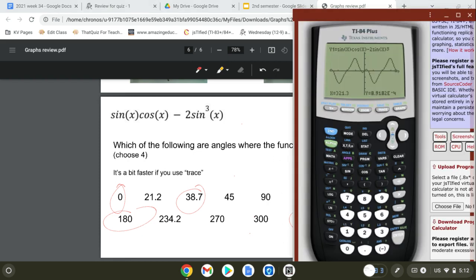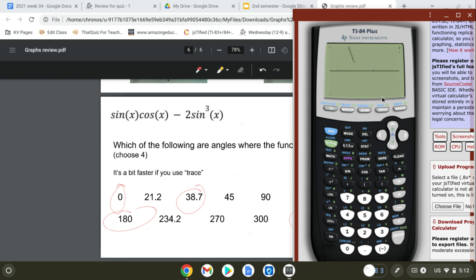Another good way to do it is once you have the graph, you can press zoom in. Okay, and then you can tell the graph where you want to zoom in at. Okay, if you zoom in at this little general area, it's going to graph it in that window.